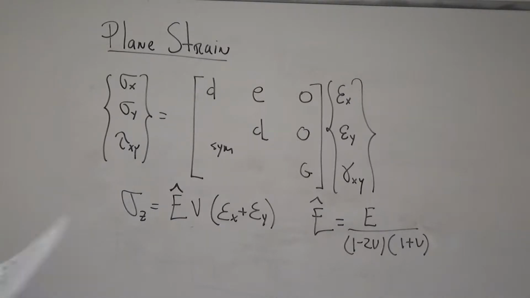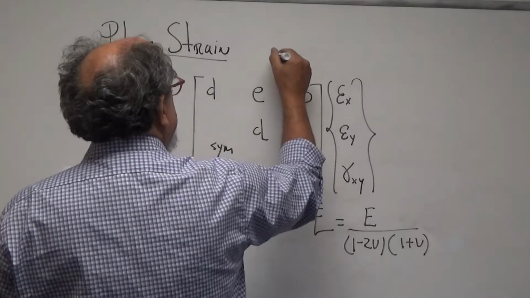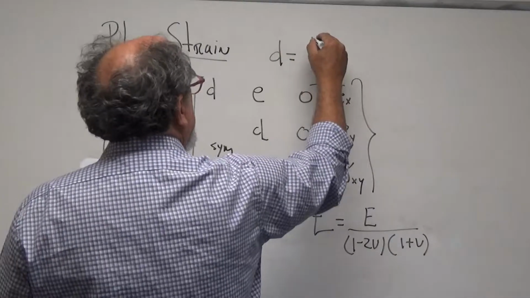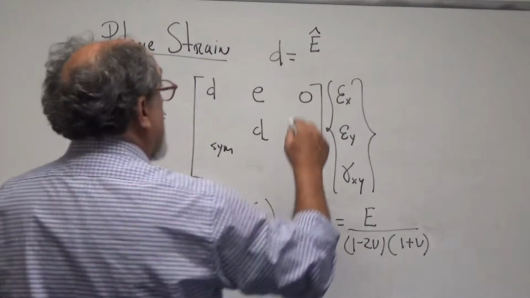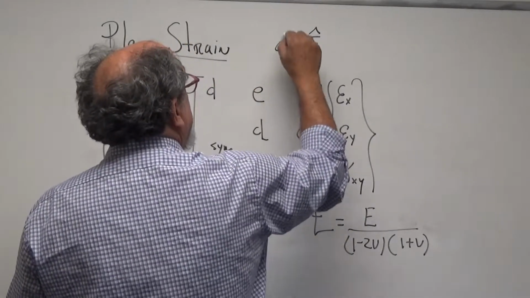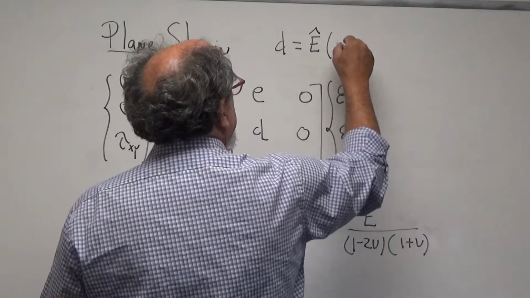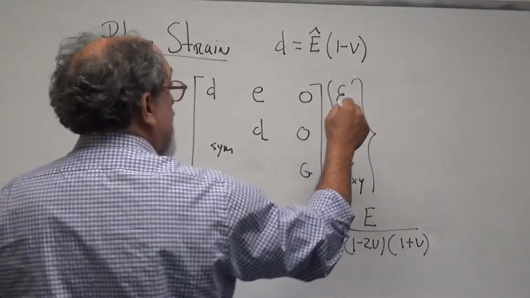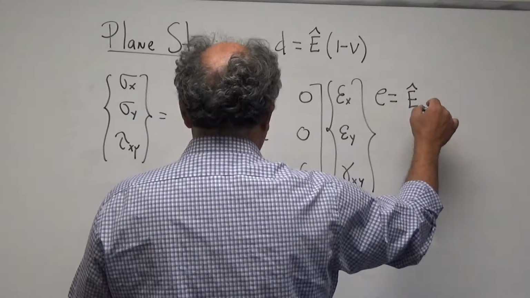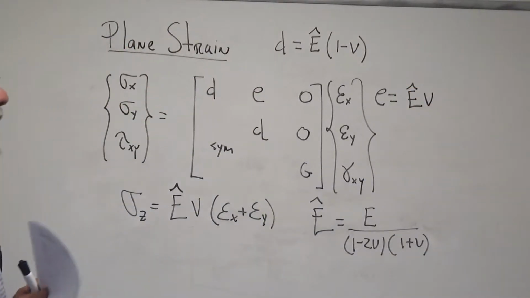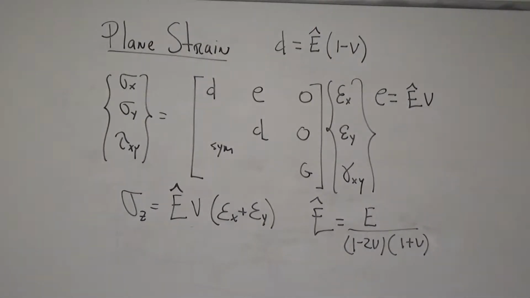I don't think we need it in any particular problem, but for the sake of completeness, the constant D is equal to E with the hat times 1 minus nu, and the constant E is equal to E with the hat times nu. Okay, I'm checking. Yep, everything is in there.